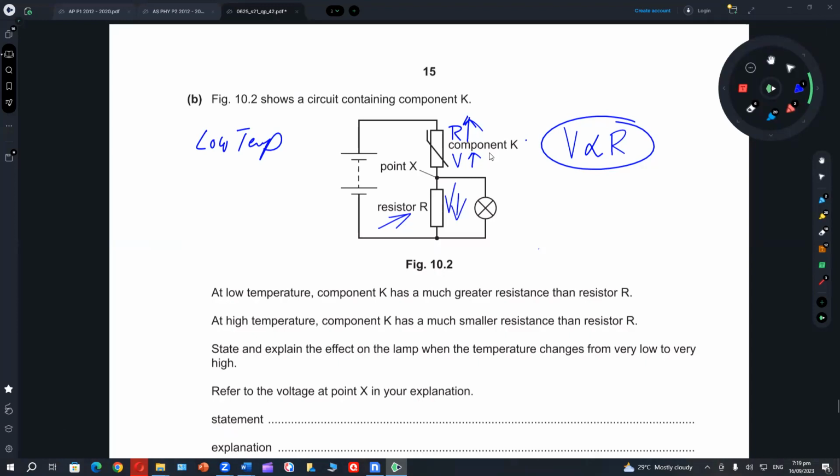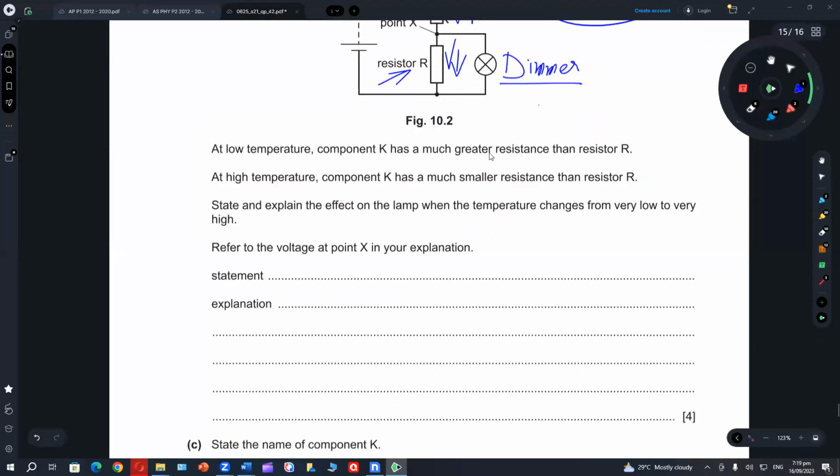So what will happen to the lamp? Now the lamp is getting less voltage. Will the lamp be brighter or dimmer? Dimmer. So when temperature is low, the lamp is dimmer. Yes.